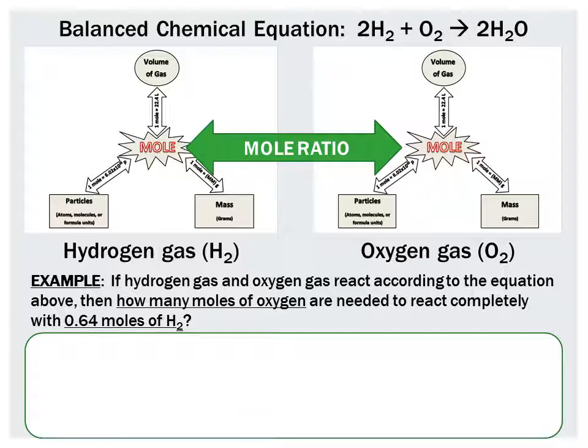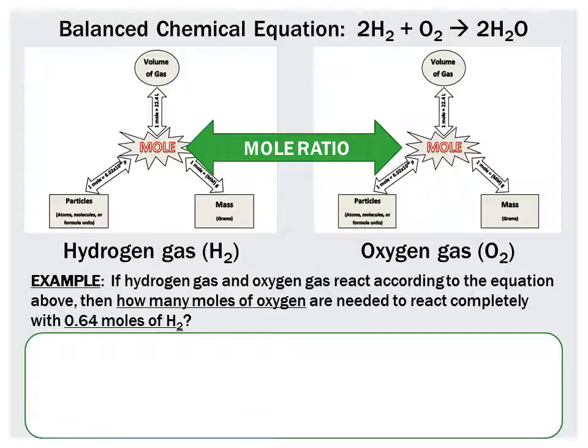My equation is already balanced. I've underlined what I'm starting with, what I know, my given, 0.64 moles of hydrogen, and what I want: how many moles of oxygen.